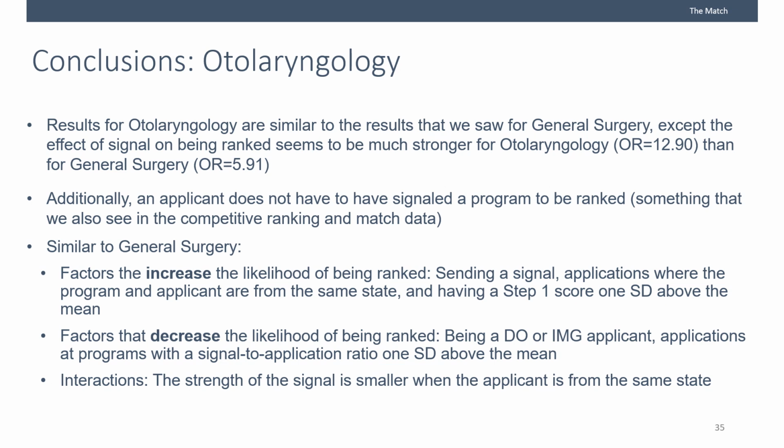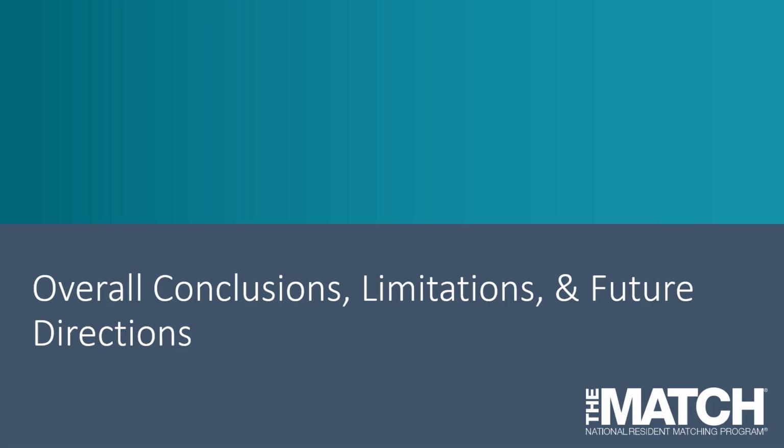Lastly, for our interaction, the strength of the signal is smaller when the applicant is from the same state. With that said, I will hand it over to Dan to talk about our conclusions, limitations, and future directions.